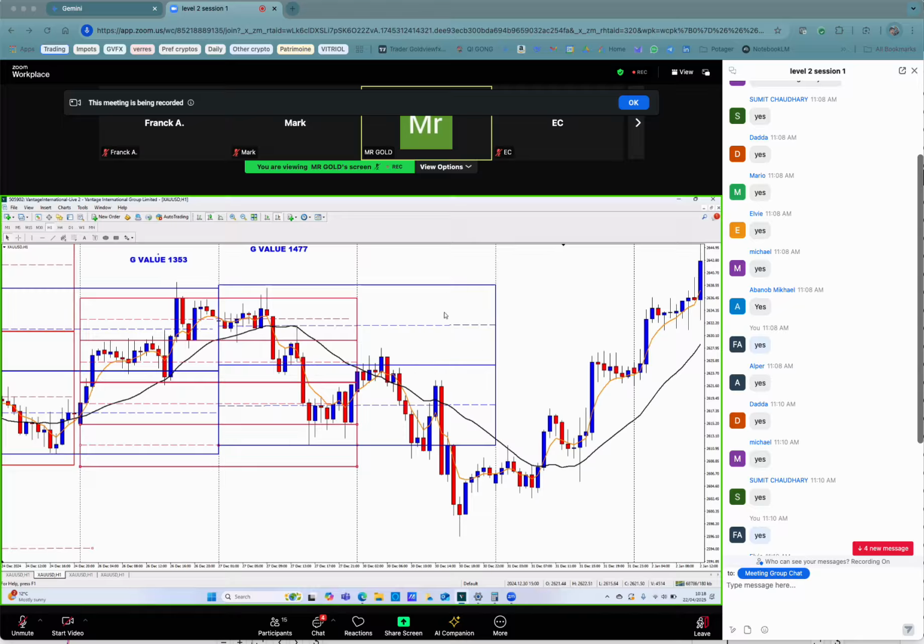Now on this day, if I don't have a chance to draw any boxes, I'm going to use this box only from the previous day, which is option 2, using previous day's box on the current day. As the price moves down, I've got no boxes here, and I want to use the previous day's box only. So this is the only time, you see this box here, this is the low of the day.